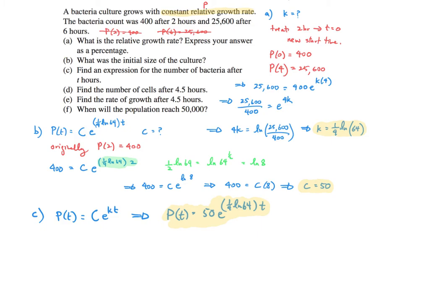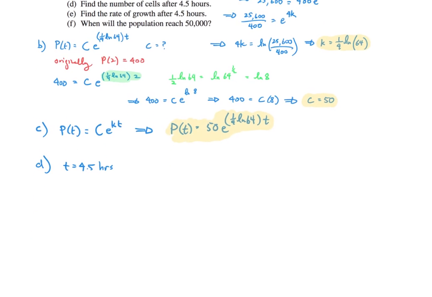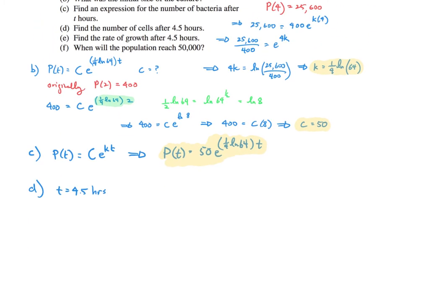Let's look at part D next. Part D says find the number of cells after 4.5 hours. So when we look at part D, we simply need to take t equal to 4.5 hours and substitute that into our population formula.